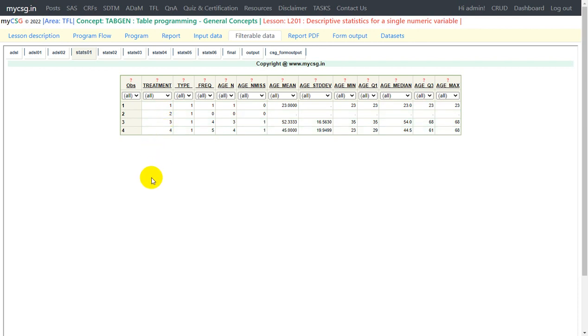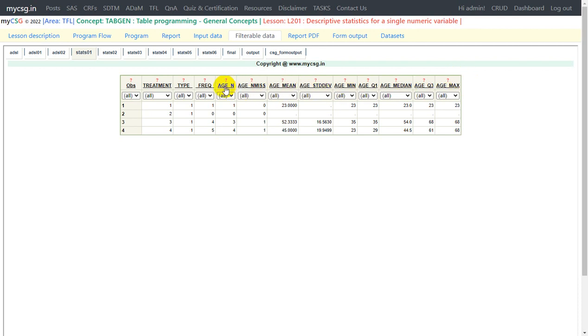If we had not used the concept of format treatment and PRELOADFMT, row 2 would not have been created, because level 2 is not present in the data. Now let's take a look at the statistics that are being generated: age underscore n, age underscore nmiss, age underscore mean, and we are getting a variable for each of the requested statistics.